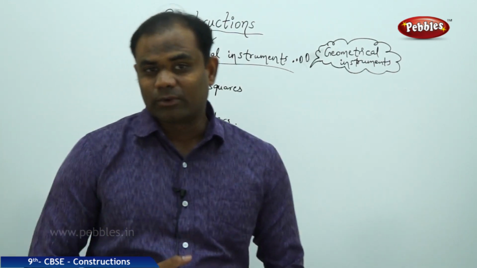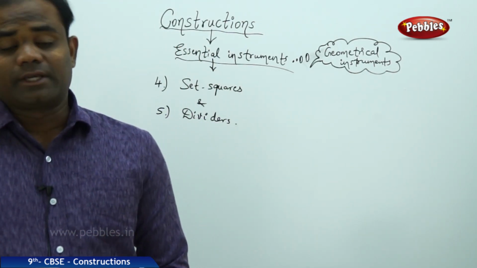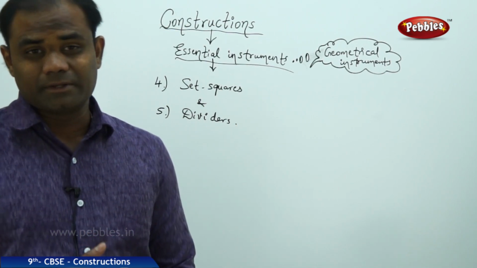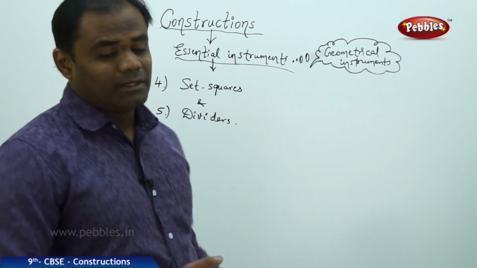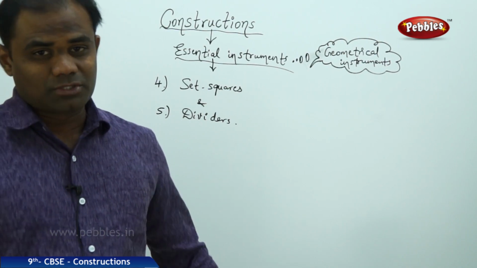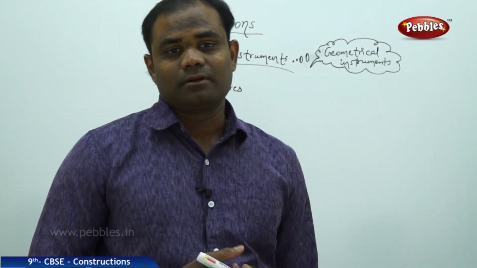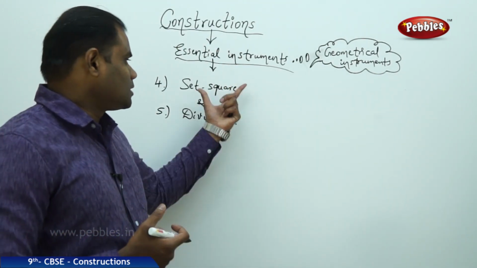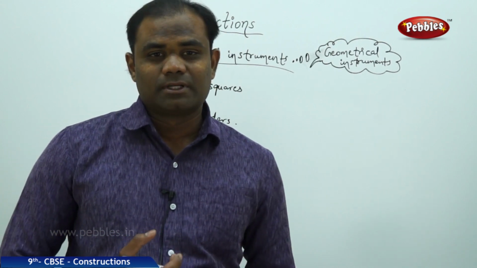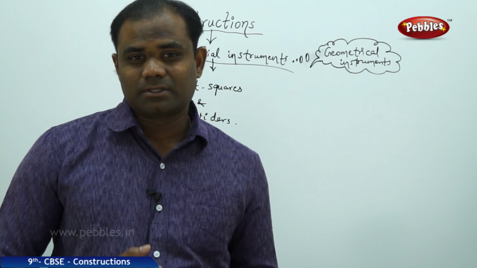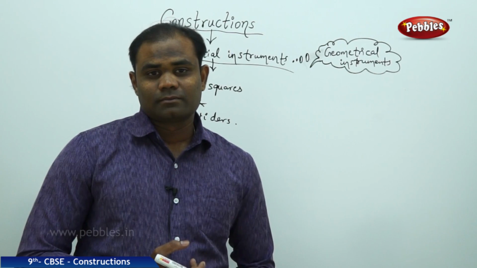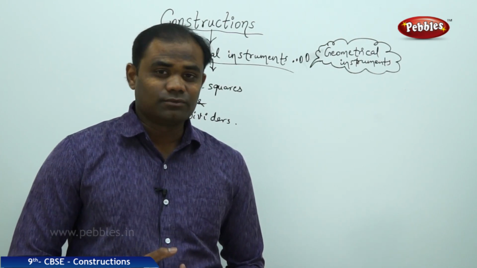Usually we use this instrument quite rarely, only when we need to take into consideration the special angles like 0, 45 degrees, 90 degrees, etc. And the dividers, which help us in drawing two parallel lines. So these concepts can be understood better if we apply them in the problems when we solve. So these are the set of 5 instruments which are important in the geometrical instruments, starting with the ruler, the compass, the protractor, the set square and the divider.